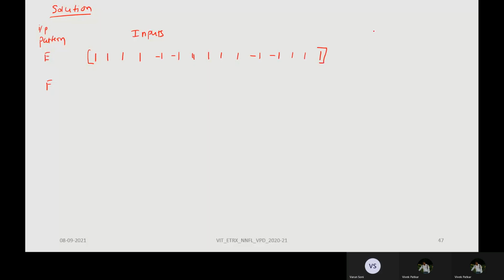You add one more column here: targets. Target is -1 and 1. So for F, you have 1 1 1, again 1 1 1, then 1 -1 -1, then again 1 -1 -1 and 1 -1 -1.